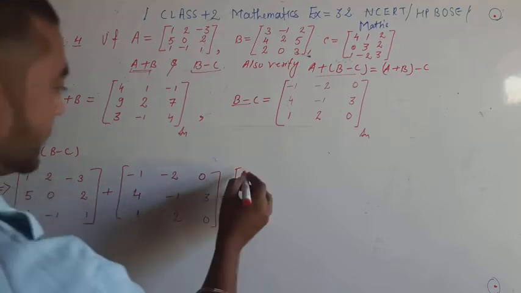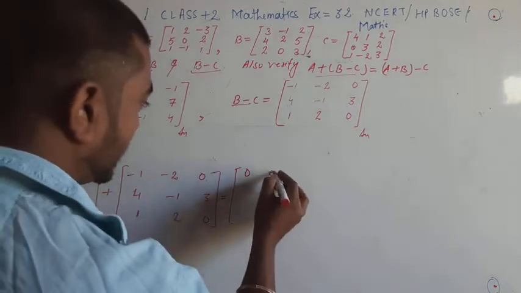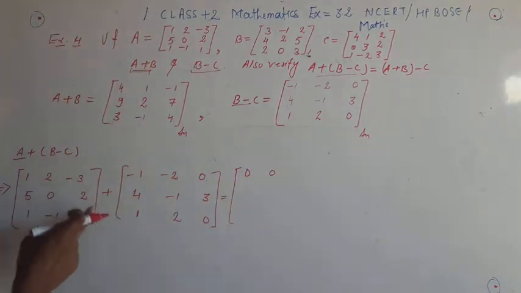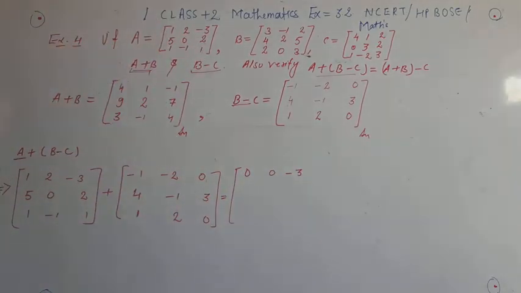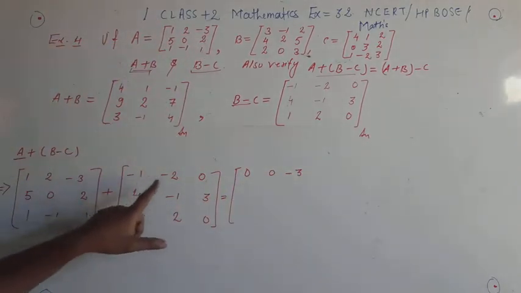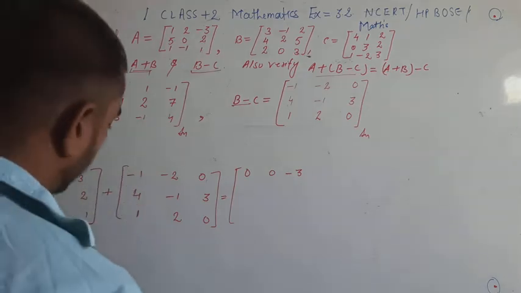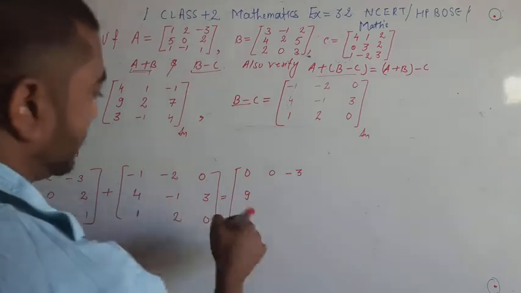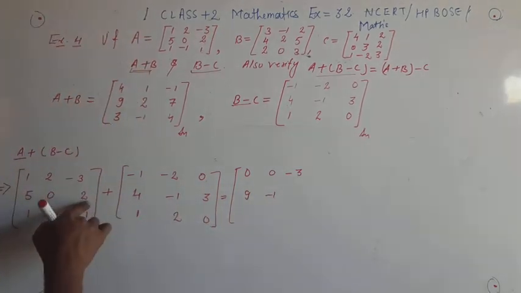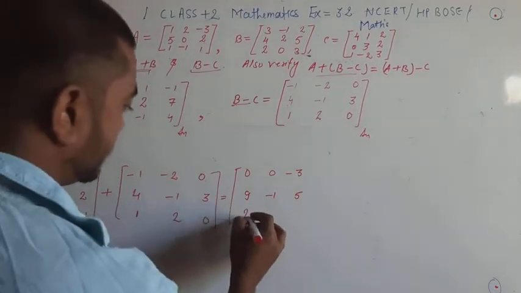1 plus minus 1, it will become 0. 2 plus minus 2, it will also become 0. Minus 3 plus 0, minus 3. 5 plus 4, it's 9. 0 plus minus 1, it's minus 1. 2 plus 3, it will equal 5. 1 plus 1, 2.